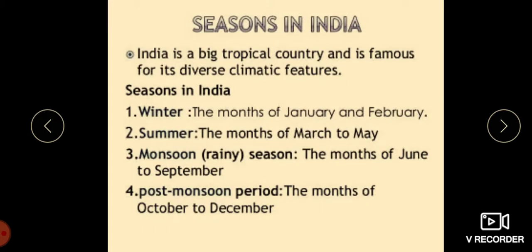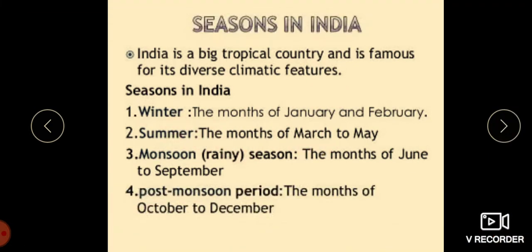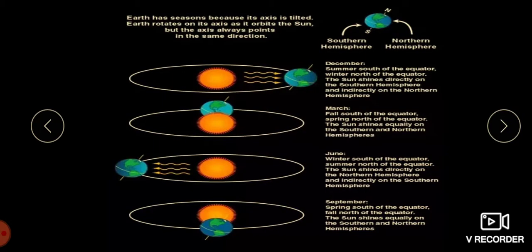India is a big tropical country, and our country is famous for its diverse climatic features. As I told just now: the months of January and February, winter; March to May, summer; June to September, monsoon or rainy season; and then the retreating monsoon, the months of October to December.